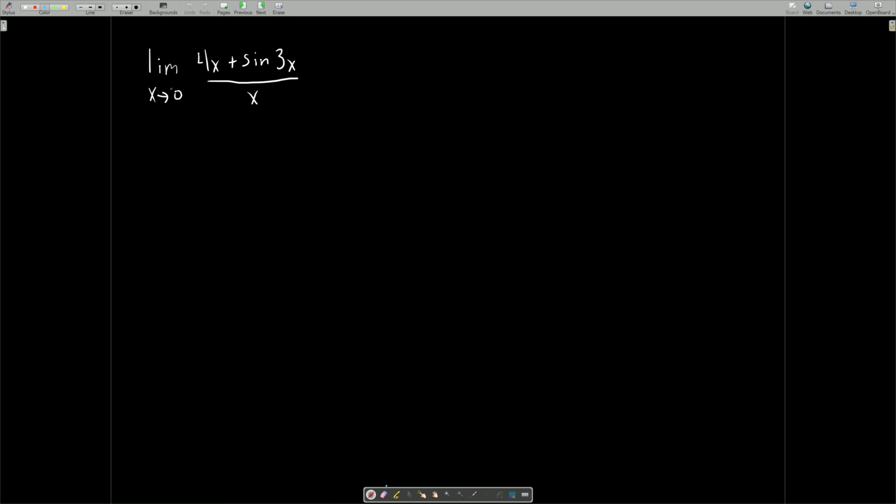You have the limit as x approaches 0 of 4x plus sine 3x over x. Because we have this plus in the numerator, the first step is to expand the fraction into 4x over x plus the limit as x approaches 0 of sine 3x over x.